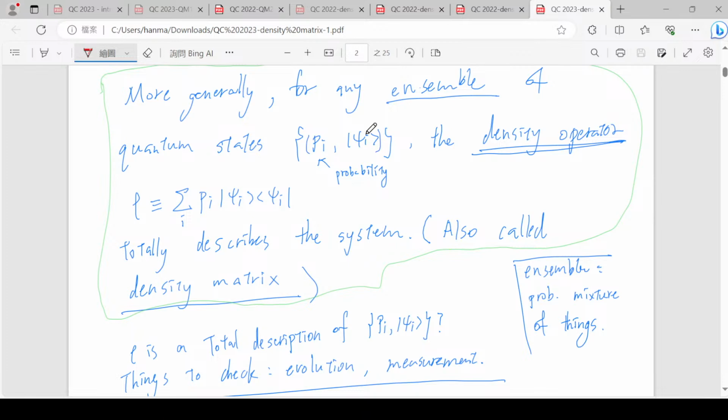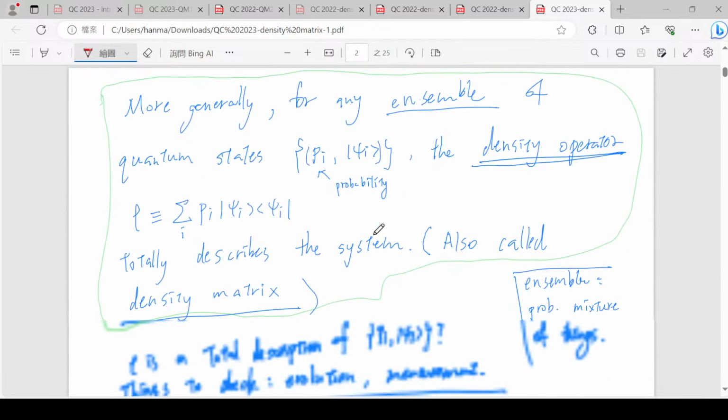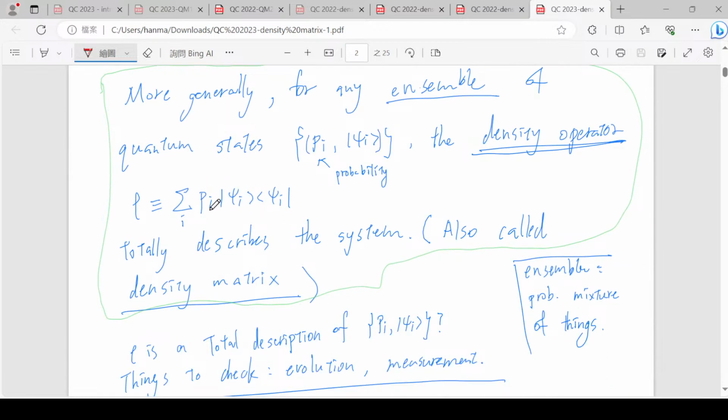Then mathematically we can write down this density operator as the summation of projectors onto the states, which are matrices just like this one, weighted by the probabilities: the sum over i of p_i times the projector onto psi_i.